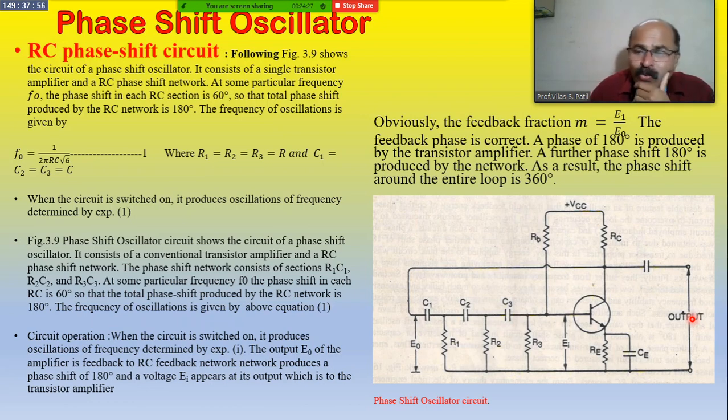Here we clearly see that the frequency of the phase shift oscillator depends upon the magnitude of the resistance and capacitor in the RC network, or the resistance-capacitor ladder circuit. It means that if we change the magnitude of the resistance and capacitance in the ladder circuit, the output frequency will be changed.